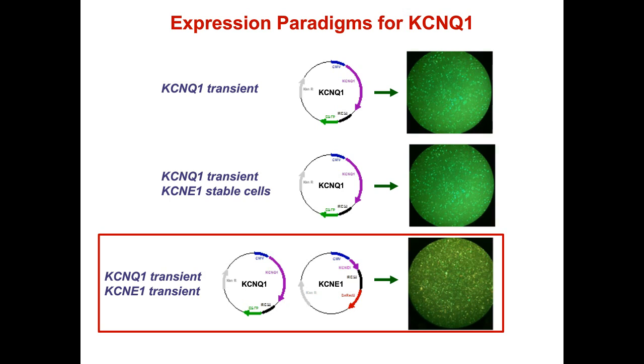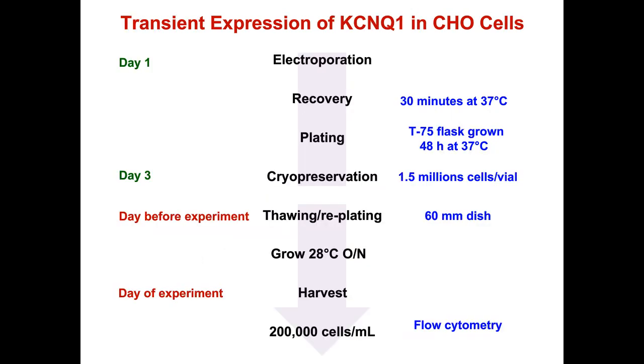The experimental workflow is illustrated on this slide. We would use the MaxCyte system to electroporate CHO cells with both KCNQ1 and KCNE1 cDNAs that were built to have different co-expressed fluorescent proteins. I'll illustrate that a little better on the next slide.